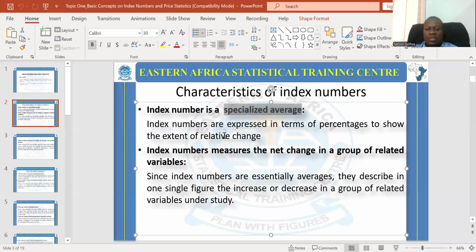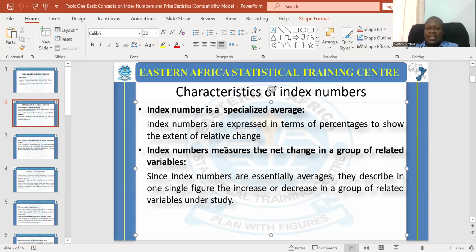The index number will be computed as a percentage, and this percentage will show the relative change. Another characteristic is that the index number measures the net change in a group of related variables.